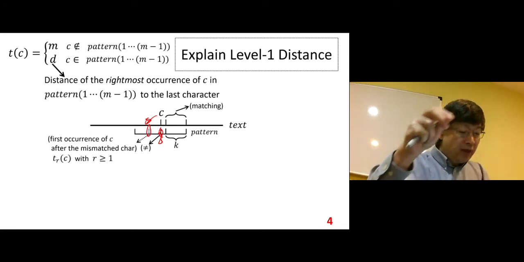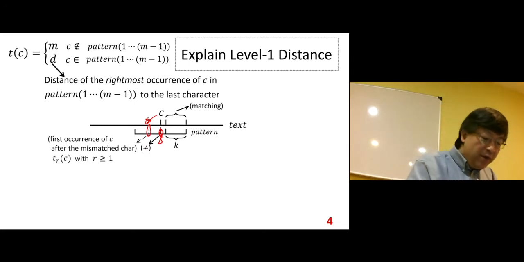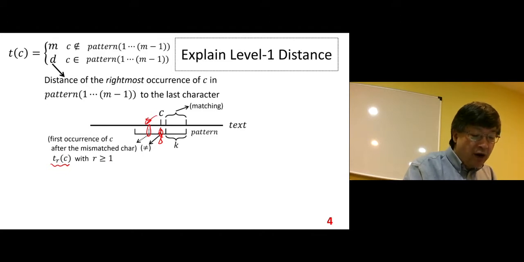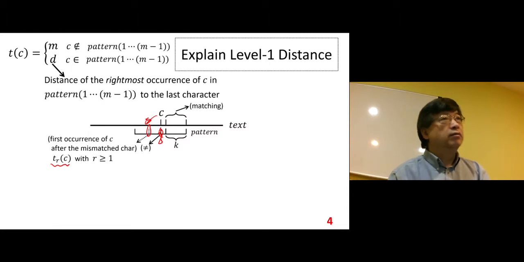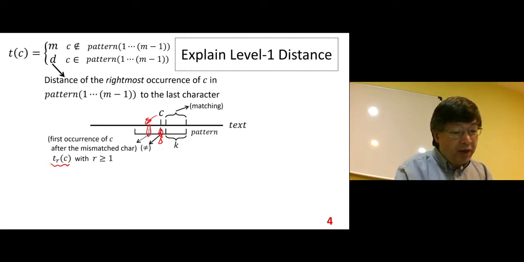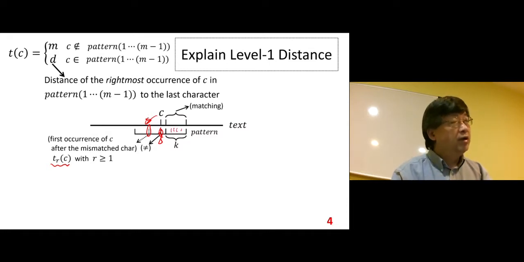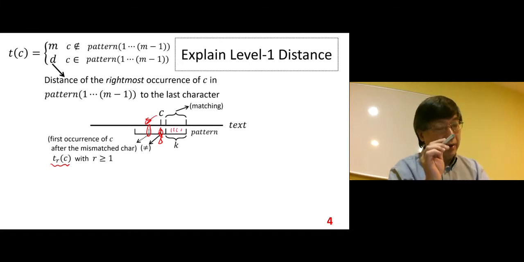We need to know that position. So let me use this T function: T sub R of C, with R greater or equal to 1. R means the rth occurrence of C in the whole pattern, because the first occurrence of C here may not be the first occurrence in the whole pattern, since C may occur multiple times.